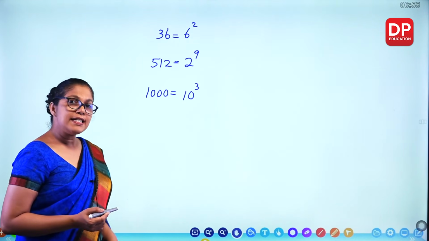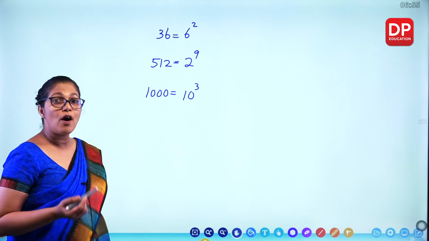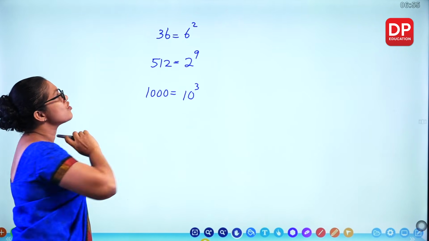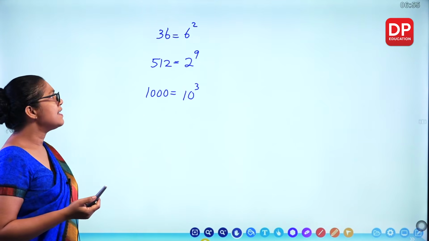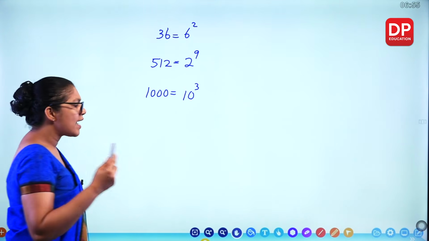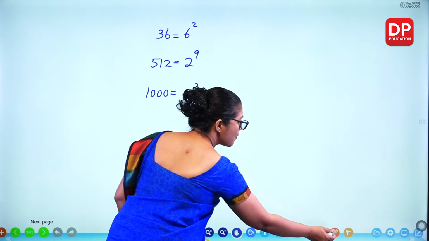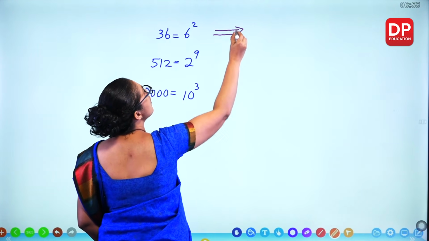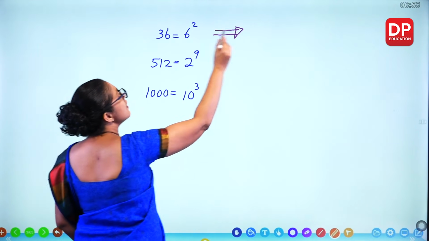Now in chapter 19, we did about logarithms laws. This is index notation. 36 you can write as 6 squared. How can you convert to logarithmic form? Log.